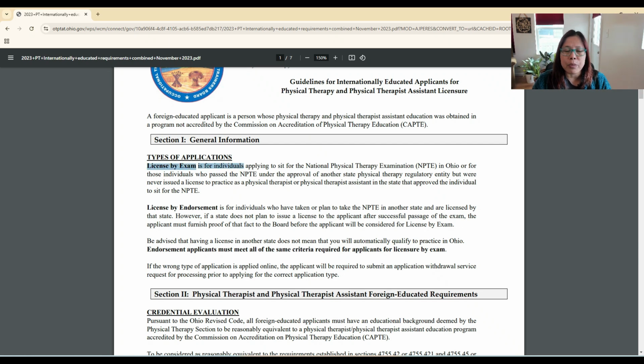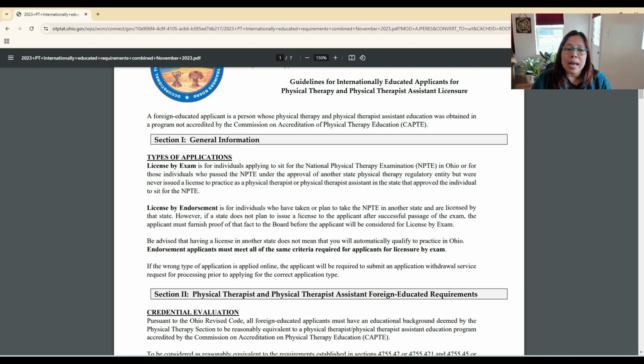License by exam is for individuals applying to sit for the NPTE in Ohio, or for those individuals who passed the NPTE under the approval of another state physical therapy regulatory entity but were never issued a license to practice as a physical therapist or physical therapist assistant in the state that approved the individual to sit for the NPTE.